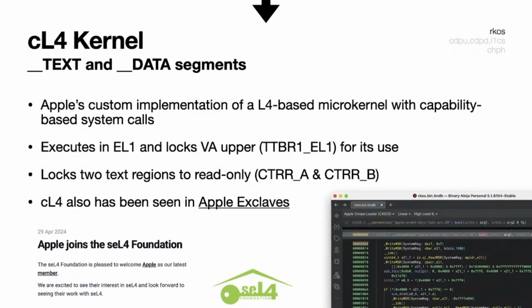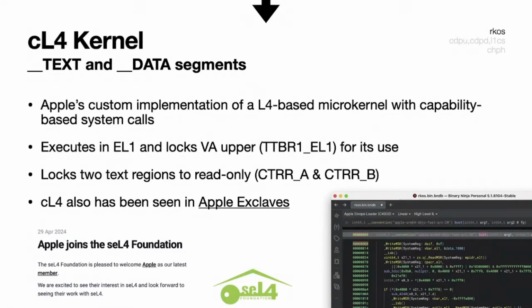It executes in level 1, locks the upper range of the virtual memory addresses for its use, and so the code resides in 0xFFFF and so on. But for reversing, we strip this prefix. It also supports locking up to 2 text regions to be read-only, and this is based on some parameters presented during the boot process.